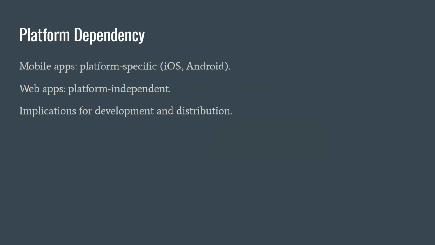So it kind of caused developers to either build separate versions or use cross-platform frameworks like React Native, Flutter, Kotlin Multiplatform, Xamarin. On the flip side, web applications are inherently platform agnostic.